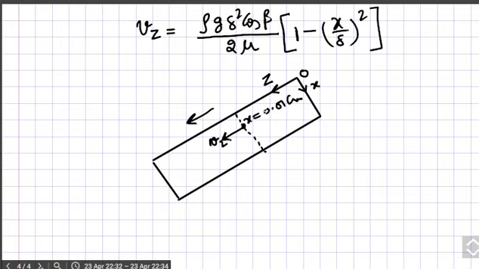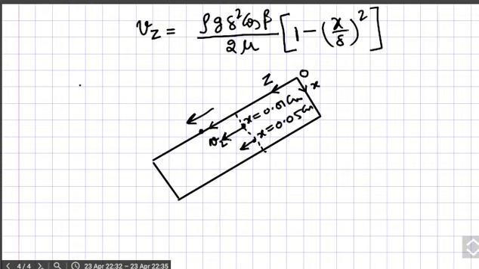And then suppose you want to calculate the velocity here. Suppose this distance is this much, so you can calculate the value here also, and the velocity will decrease this way, and you can find that velocity at x is equal to 0 also. So you will get some velocity like this. So you can refer to your book for complete discussion of these things.